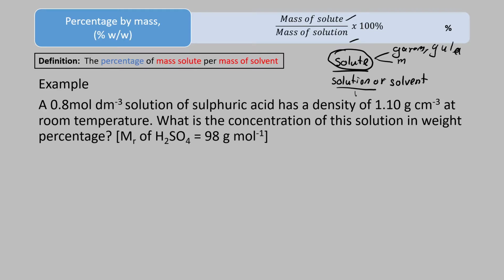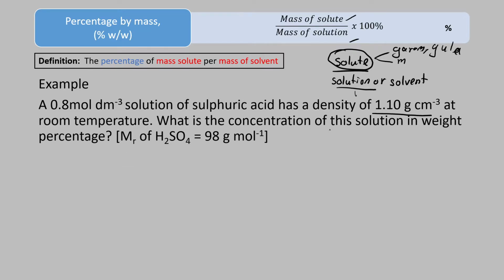Okay, so now let's look at percentage by mass. It gives 0.8 mole per dm3 of sulfuric acid solution with a density of 1.1 gram per cm cube at room temperature.